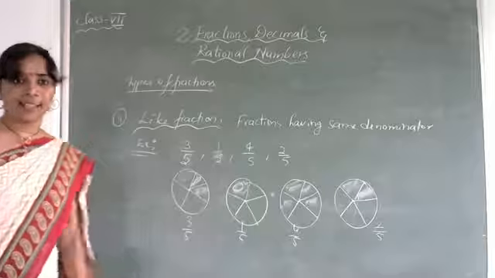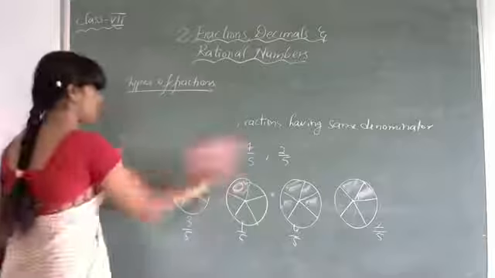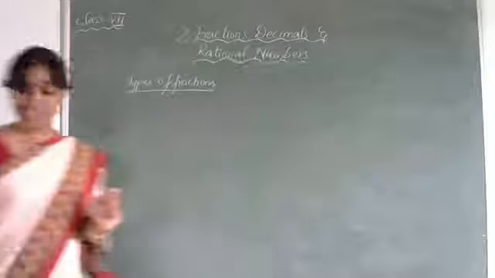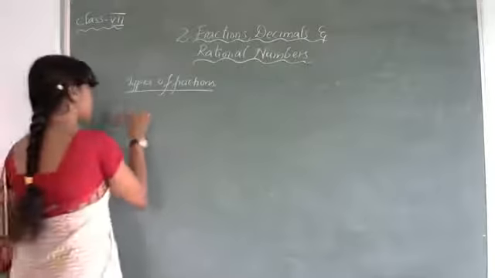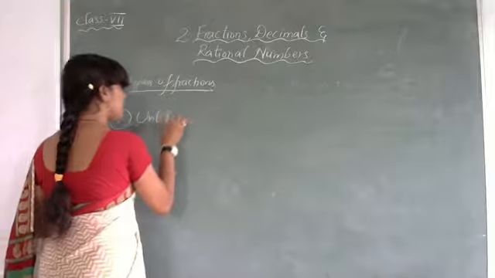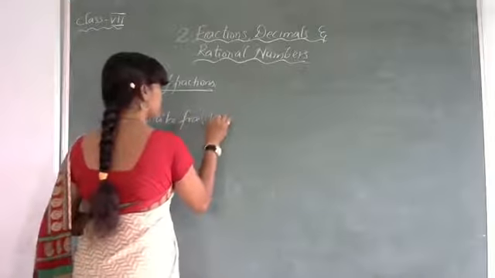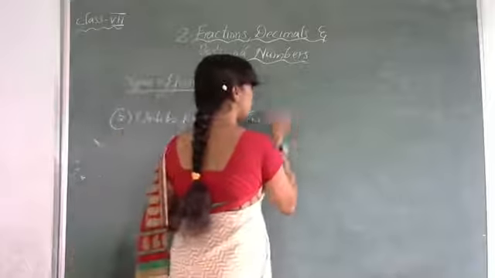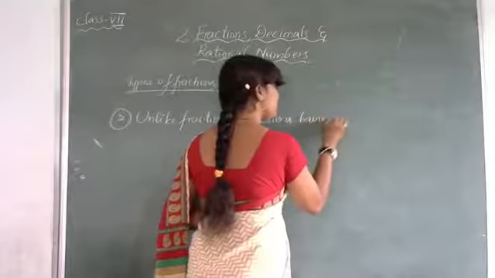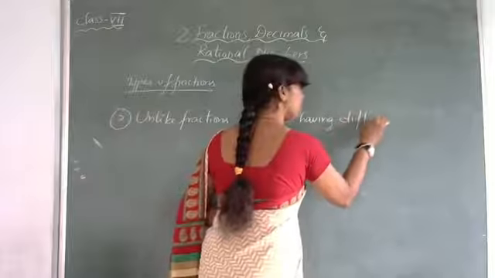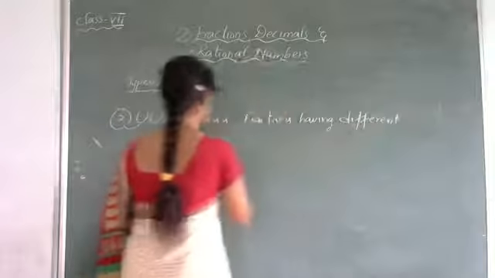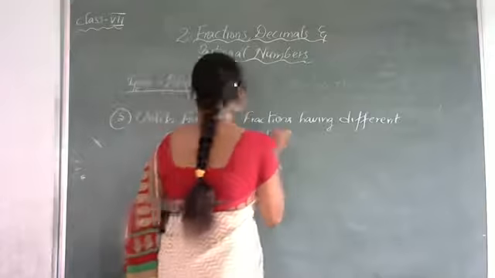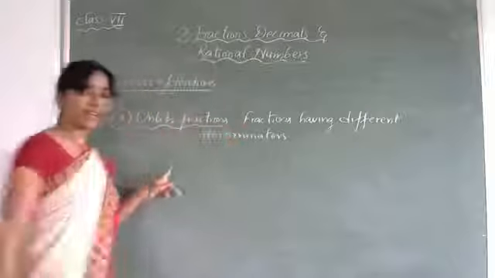The next one, children, is unlike fractions. Fractions having different denominators are called unlike fractions.